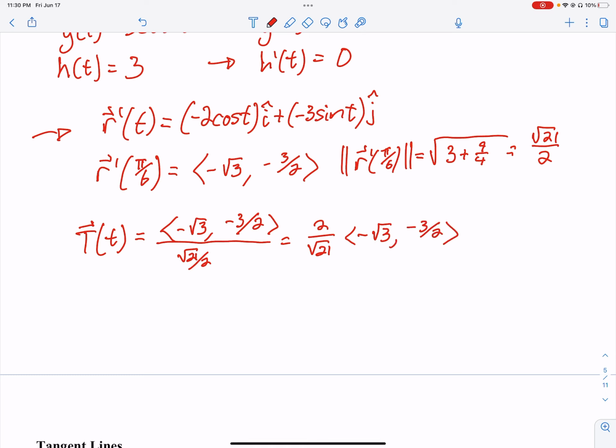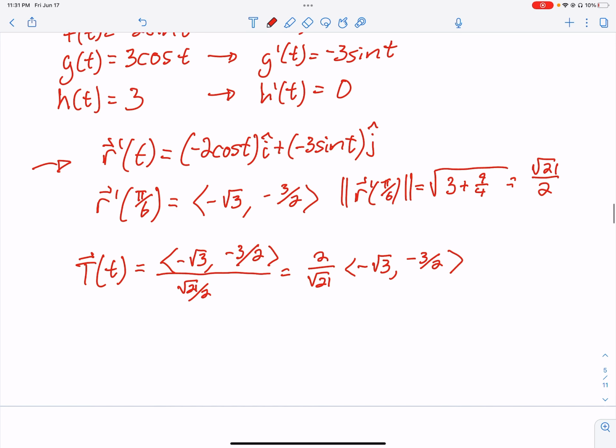I don't care. If you want to rationalize that, you can, if it makes you feel more comfortable because you've had to do it thus far. But at this point, it really doesn't matter. That's an out-of-date practice anyway. It came about, I think, because of the slide rule. If you don't know what that is, it's a nice Google. But I'm not going to make you rationalize.